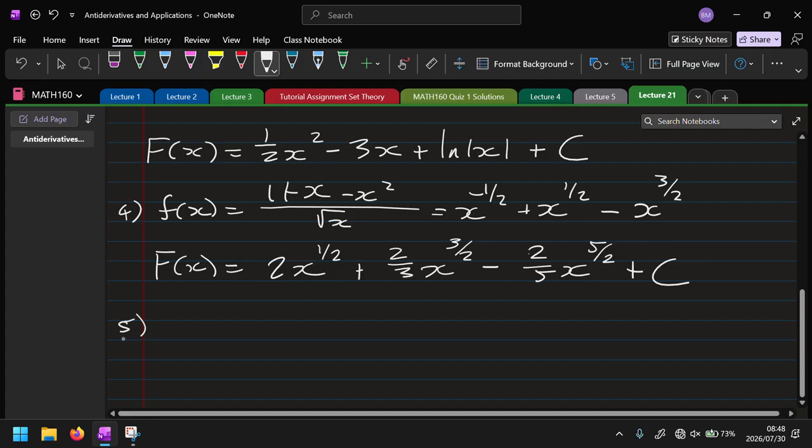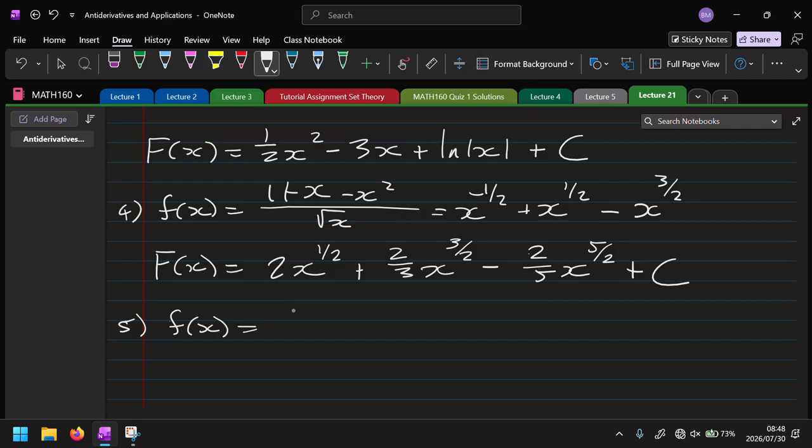Okay, number 5. F of x is 2 hyperbolic cosine of 3x plus 1. Again, the 2 in front, forget about that. We just look at what the function is. Again, this inside part, forget about that. It's just the function. So the antiderivative for hyperbolic cosine is, from the table, hyperbolic sine.